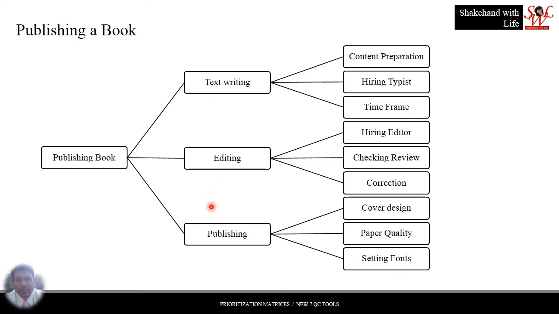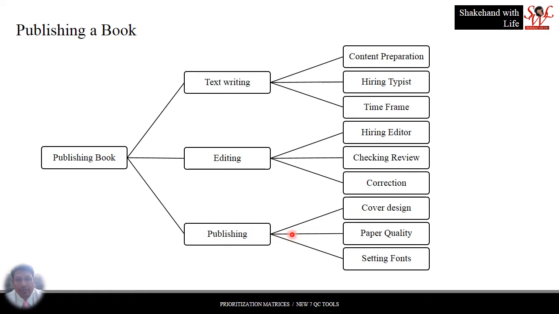Now the second option at level 1 is editing. In the case of editing, he has to hire an editor, then the editor checks the reviews and suggests corrections. The third option at level 1 is publishing.